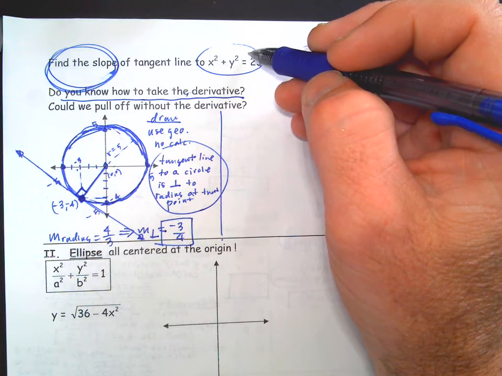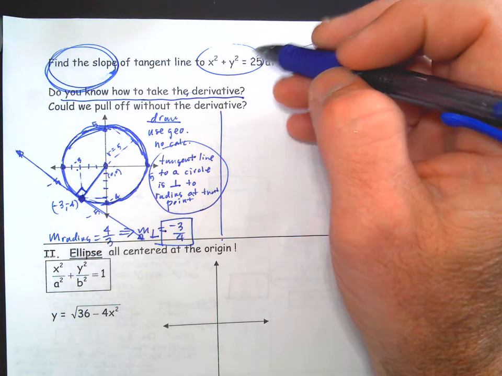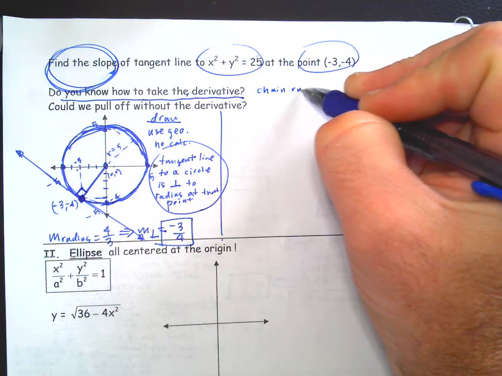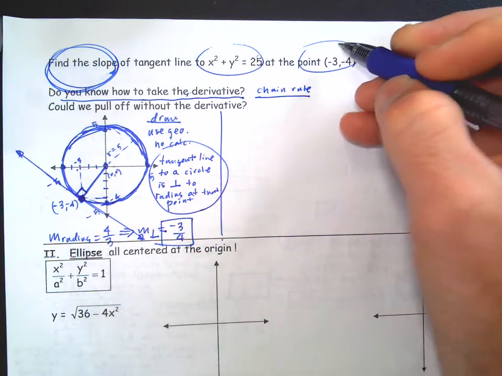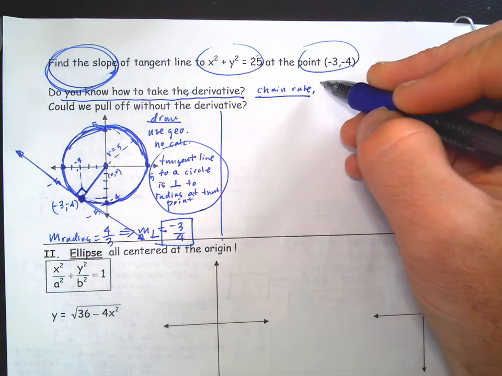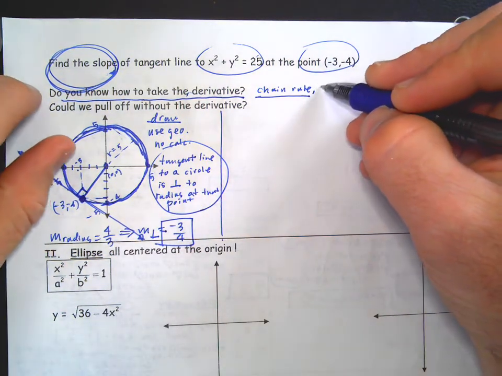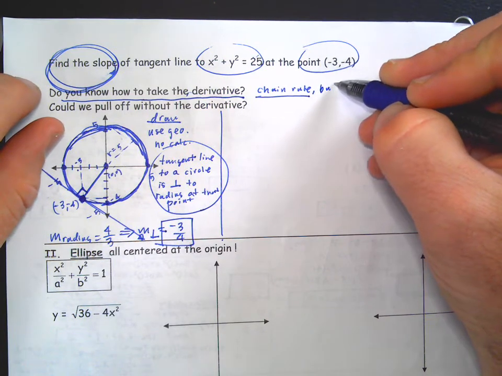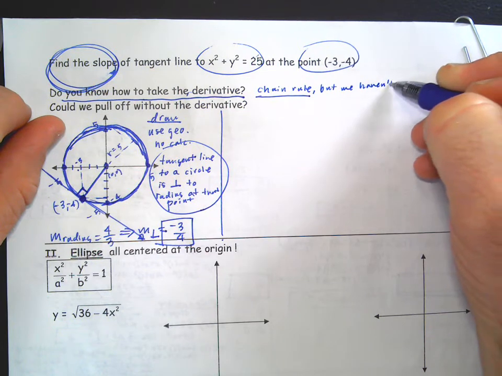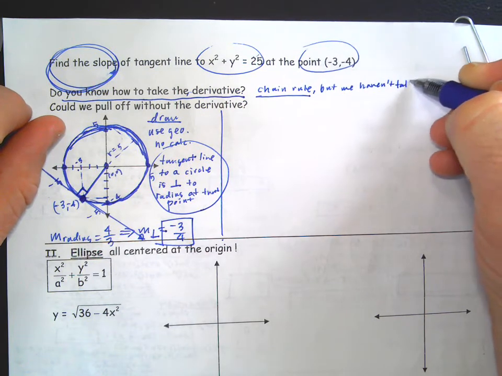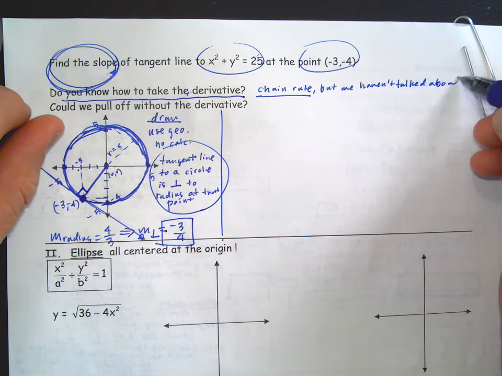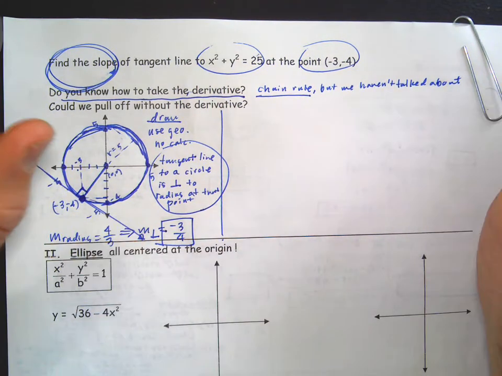It's going to use something called the chain rule, which maybe they teach you in pre-calc, but I'm sure everyone who took pre-calc forgot it. We haven't talked about it yet. I'm just going to show it to you. I don't want you to use it until we teach it officially.